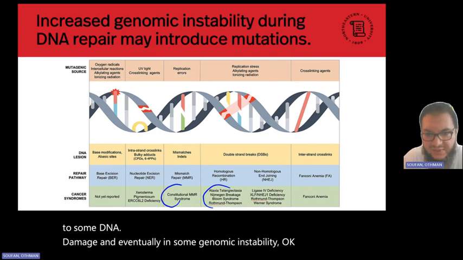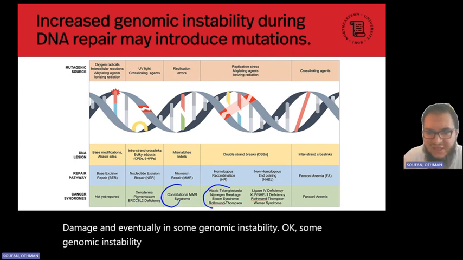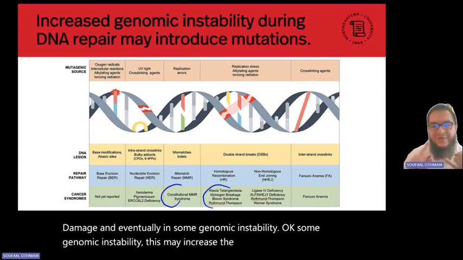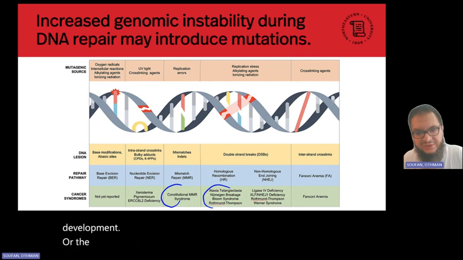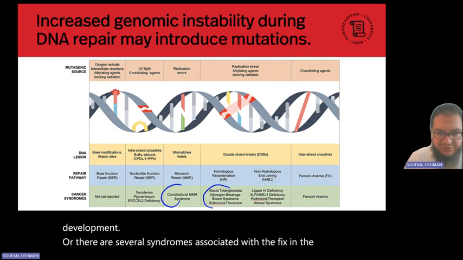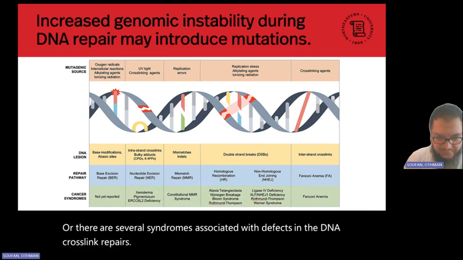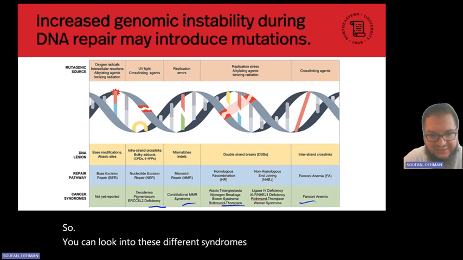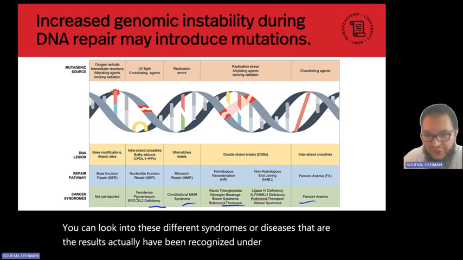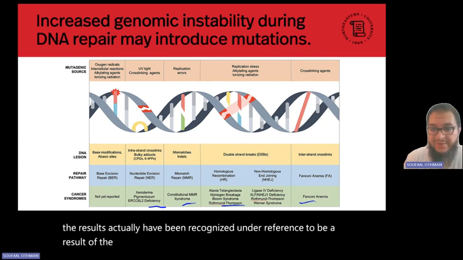This may increase the risk of cancer development, or there are several syndromes associated with defects in the DNA cross-link repairs. So you can look into these different syndromes or diseases that have been recognized and referenced to be a result of the DNA cross-link repair manifest.